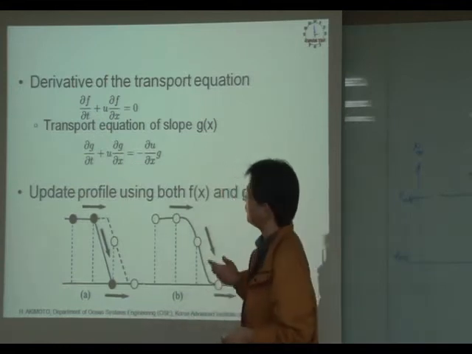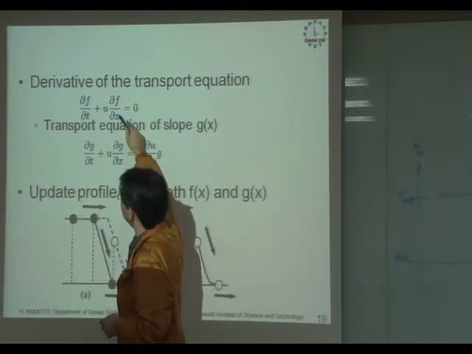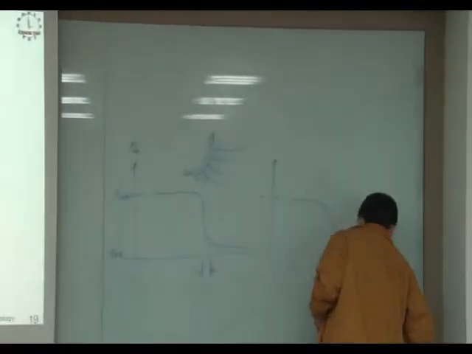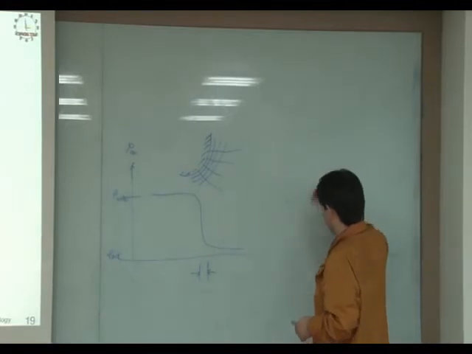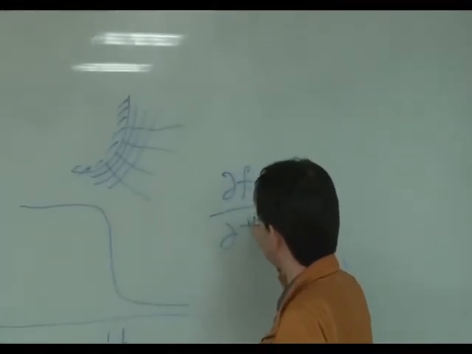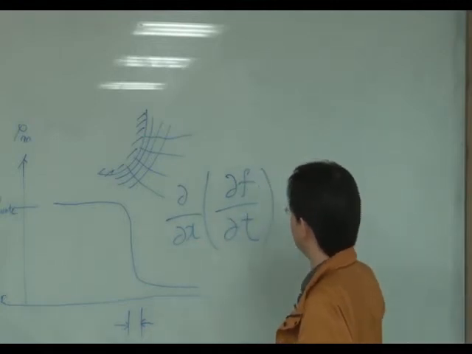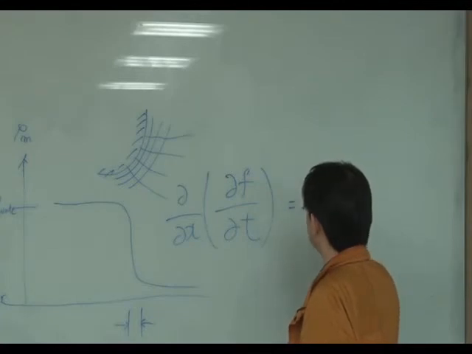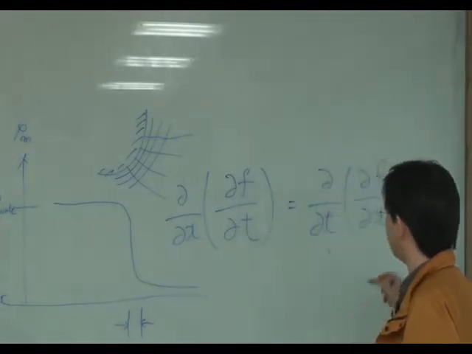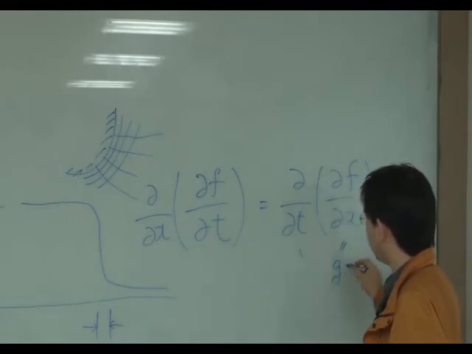In this case, when you take the derivative of x, we now consider the partial derivative of x, so it will lead to this one, and we name the slope, the gradient of f, as g x.